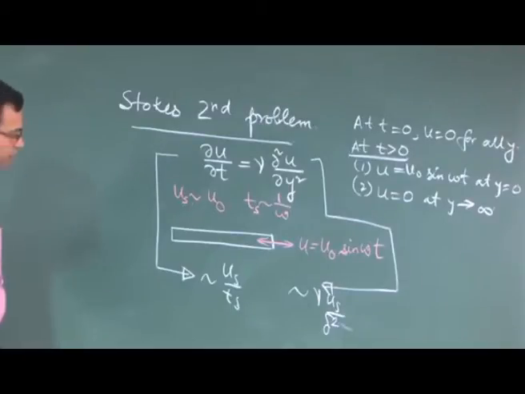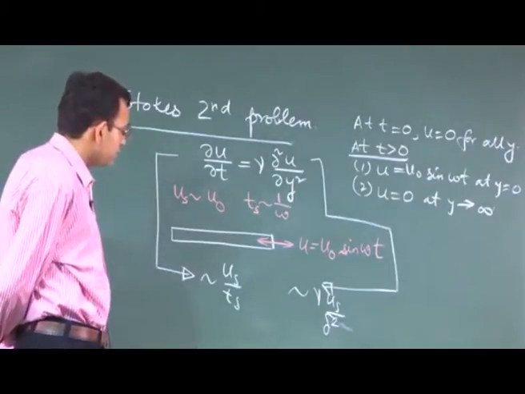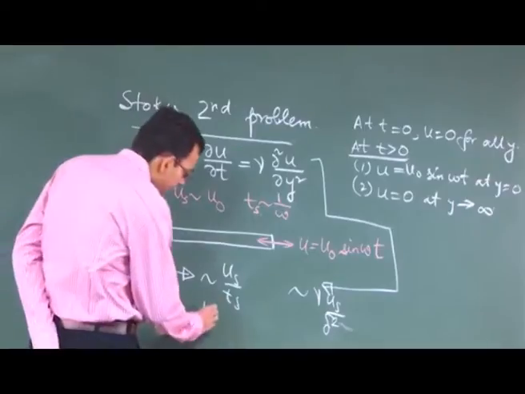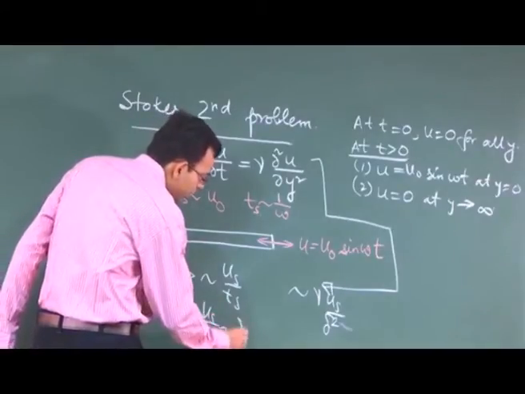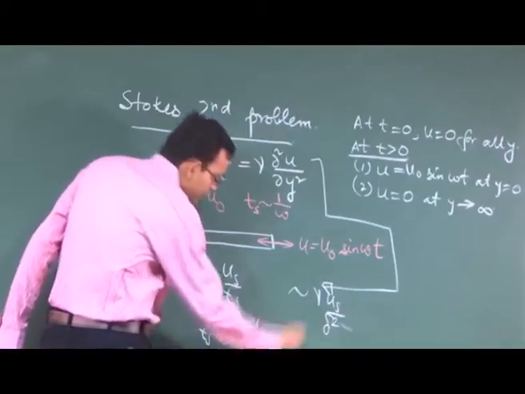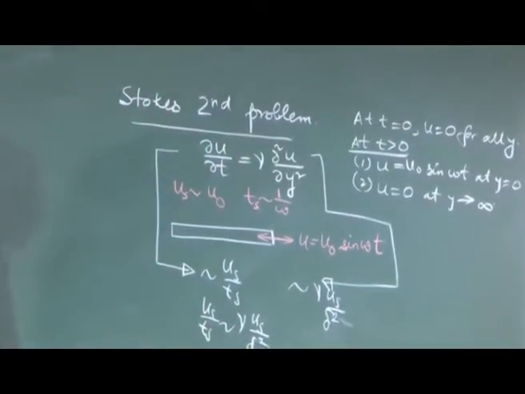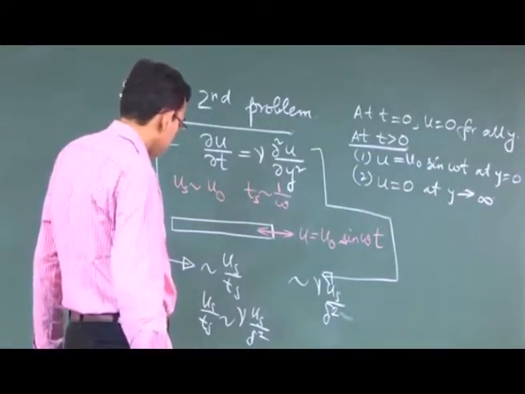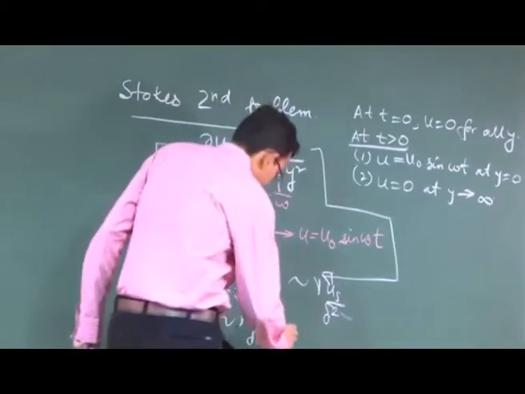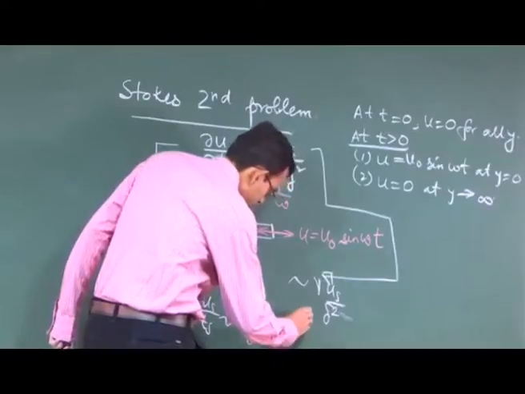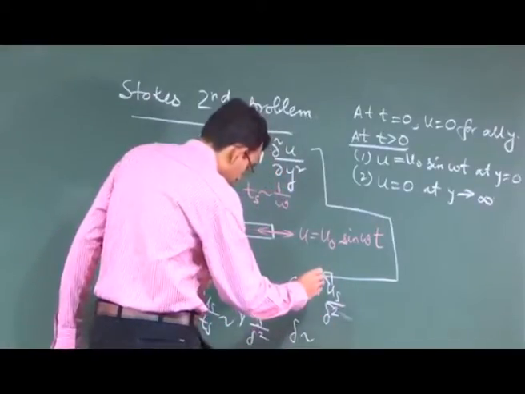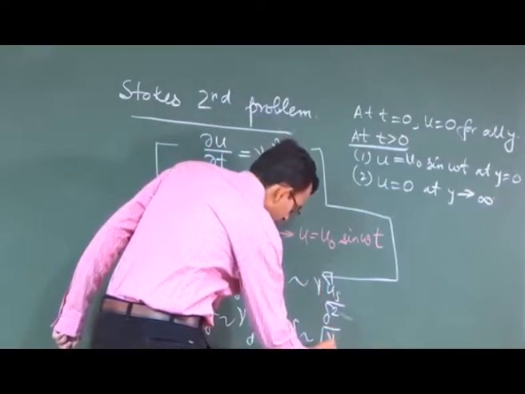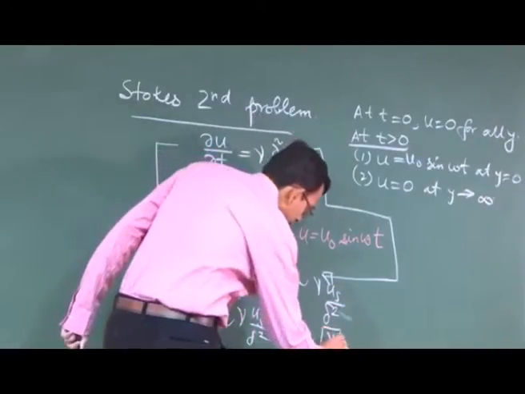Now we can write that Us by Ts is of the order of nu Us by delta squared. That means delta will scale with the square root of nu Ts.